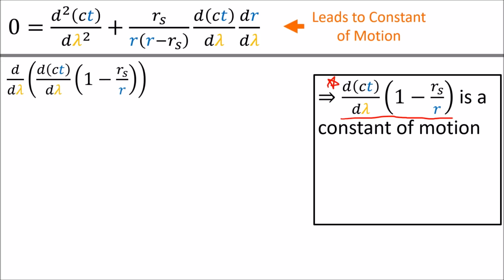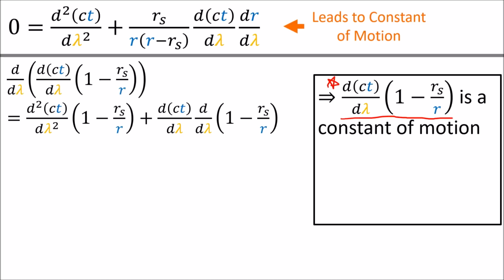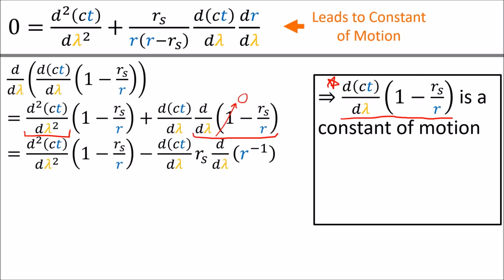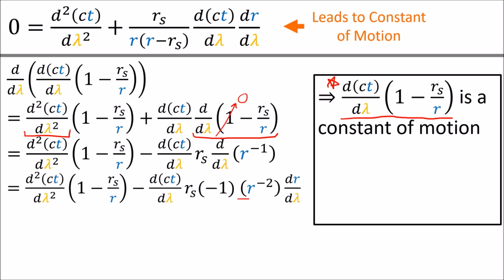To see this, let's take the derivative of this quantity. We use product rule and get the derivative of the derivative in the first term, and the derivative of 1 minus rs over r in the second term. The derivative of 1 is 0, and we can use power rule on the derivative of r to the negative 1 to get r to the negative 2 with a minus 1 in front, times a chain rule term.